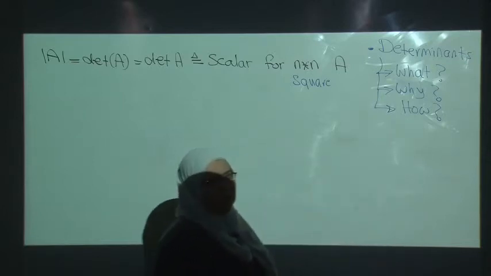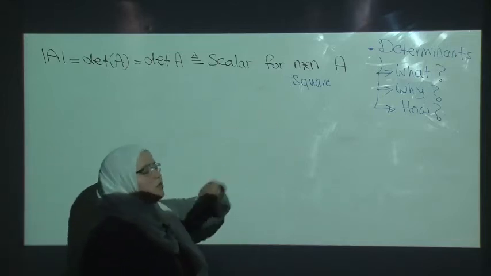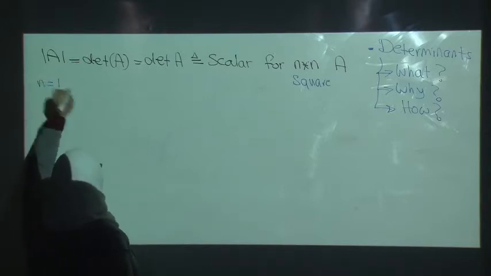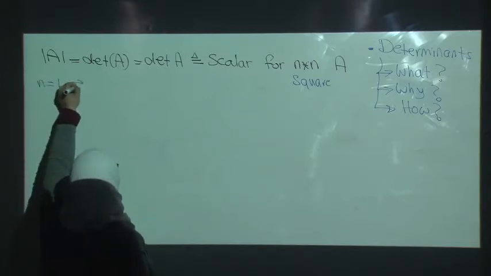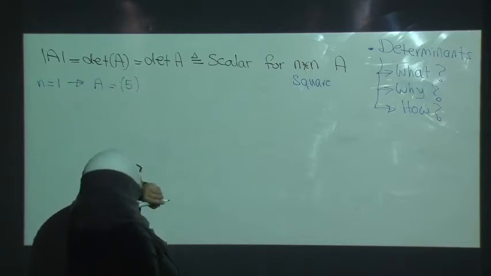How can we do this? We said that it's a scalar quantity for every square matrix, which is n by n. Let's start with the first order. If n is equal to 1, we will have, for example, the matrix A with only one element, right?